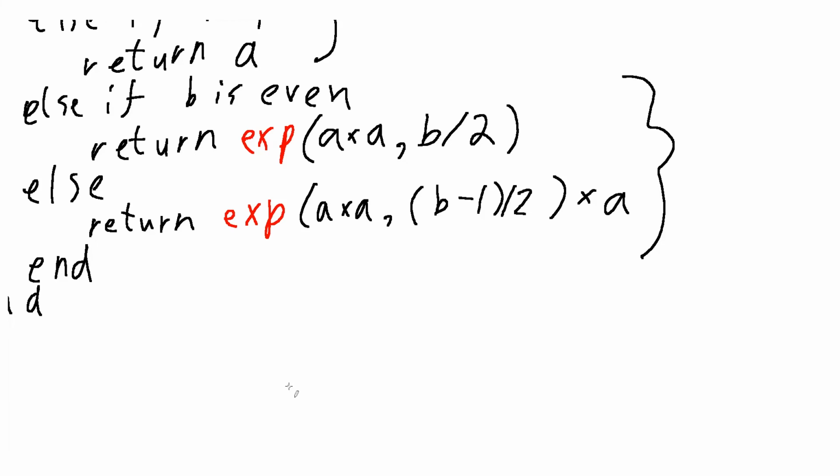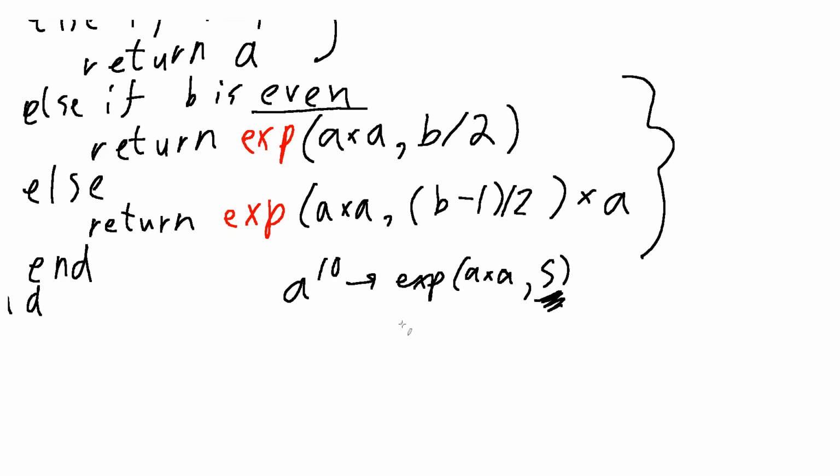So if we have a calculation like a to the power of 10, ignoring what the a argument to the function will be, if we call exp, well, this will call exp because it's even and it's not 1 or 0, so this will make something like a times a to the power of 5.